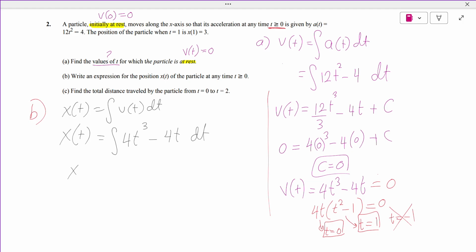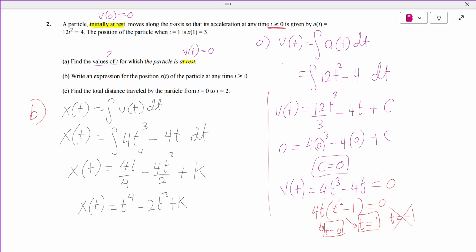So x of t is equal to 4t to the power of 4 over 4 minus 4t squared over 2 plus, should we use c, should we use k, any other letter? Let's keep it k, because we already used c in part A. So x of t is equal to t to the power of 4 minus 2t squared plus k.